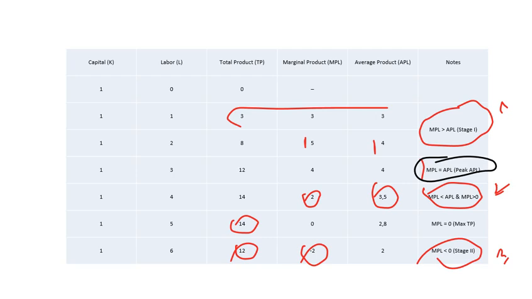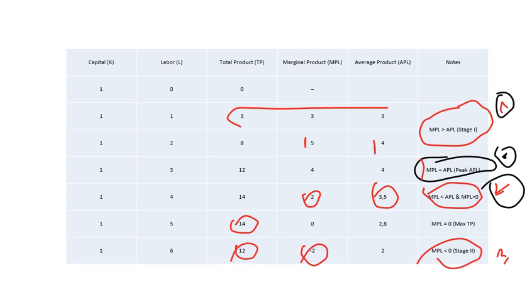Then when MPL equals APL, it is at its maximum, then it will start decreasing. So this point represents the transition point from stage 1 to stage 2. Here we have stage 1, we have stage 2, and this is the transition.